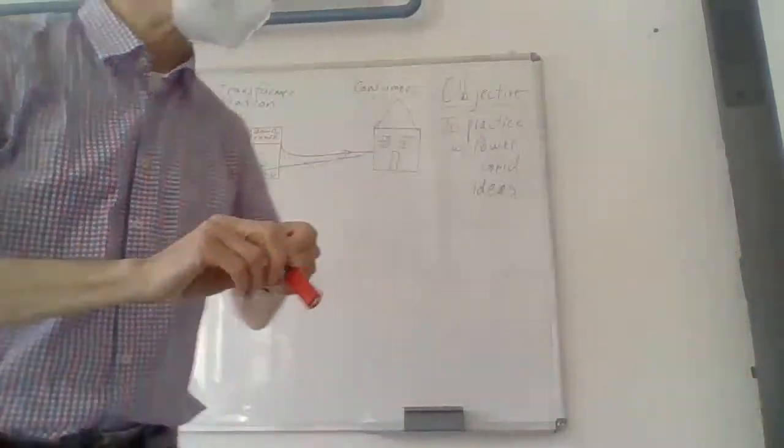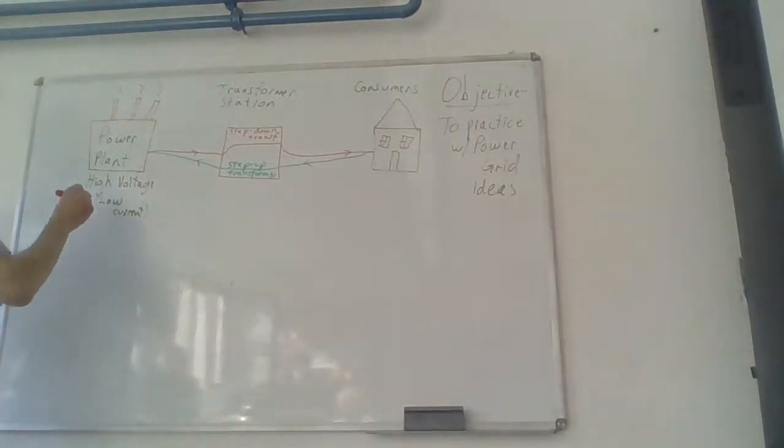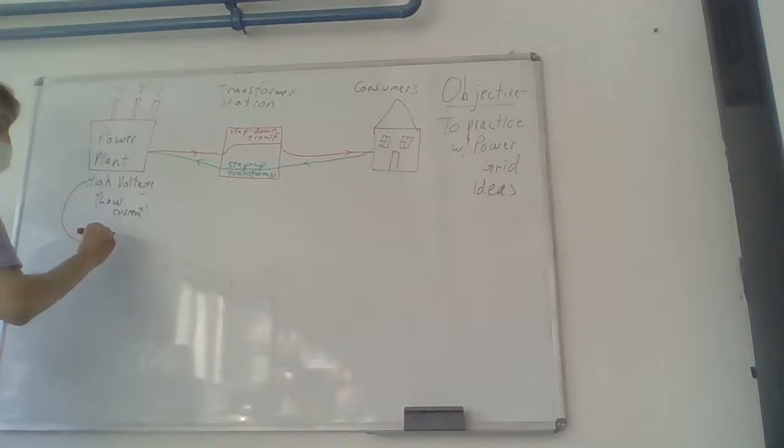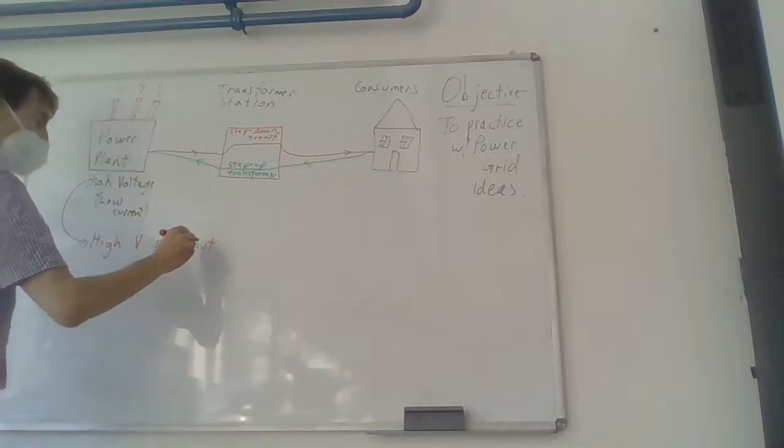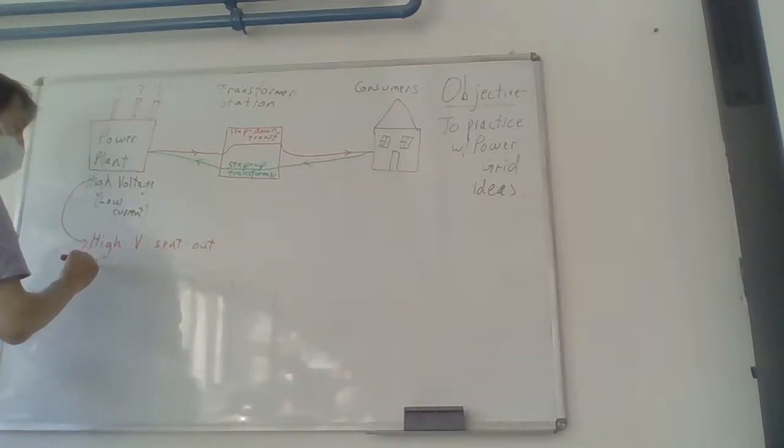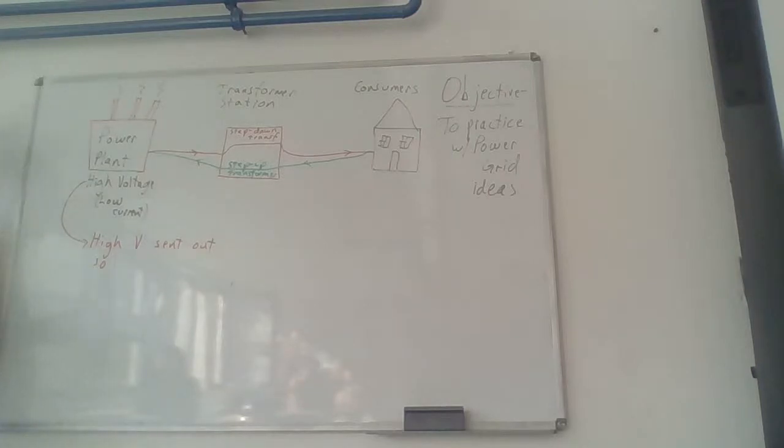Review from yesterday. Why was it again? Why do power plants send us high voltage when we can't use it? What's the main reason we send out high voltage?